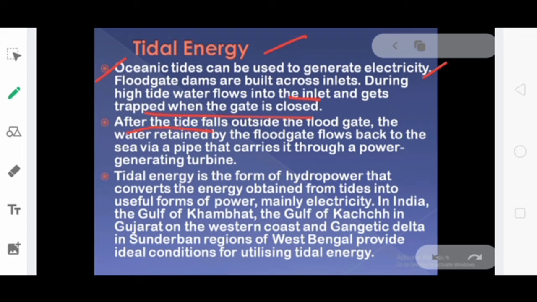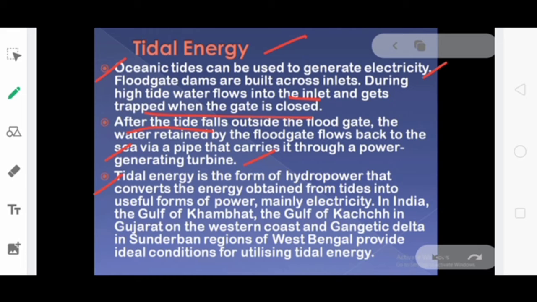After the tide falls outside the floodgate, the water retained by the floodgate flows back to the sea via a pipe that carries it through the power generating turbine. So when the water flows back to the sea, the turbine starts rotating and generates hydroelectricity.